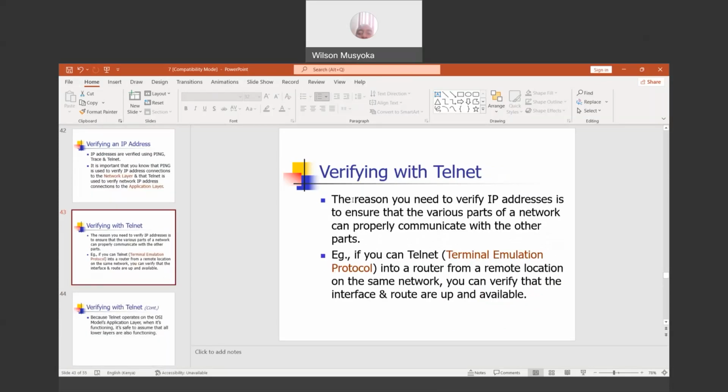The reason why you need to verify IP addresses is to ensure that the various parts of a network can properly communicate with each other. And if you can telnet, that is terminal emulation, into a router for a remote connection in the network, then you can verify the interface and route are up to standard.